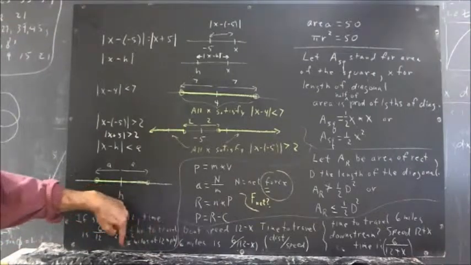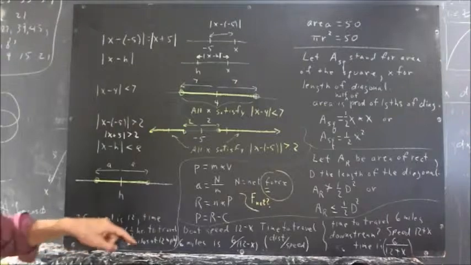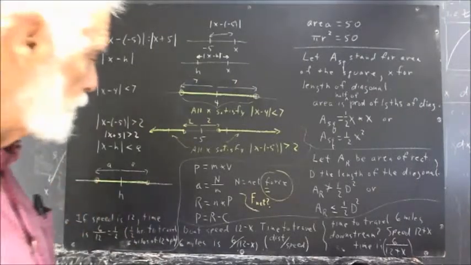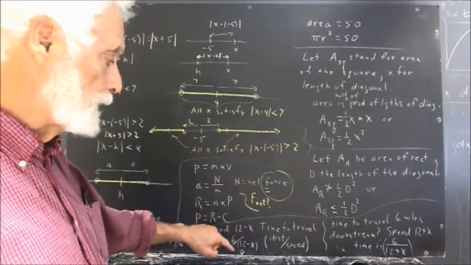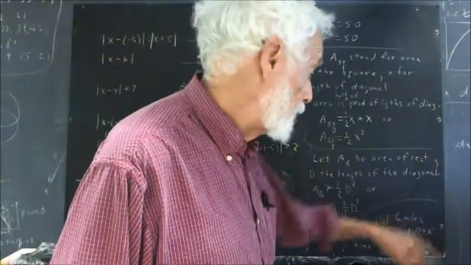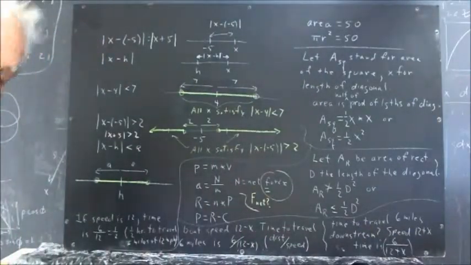Half hour time to travel 6 miles at 12 miles an hour. So at 12 miles an hour, it takes 6 over 12 hours. At 12 minus x miles an hour, it takes 6 over 12 minus x hours. At 12 plus x miles an hour, it takes 6 over 12 plus x hours.